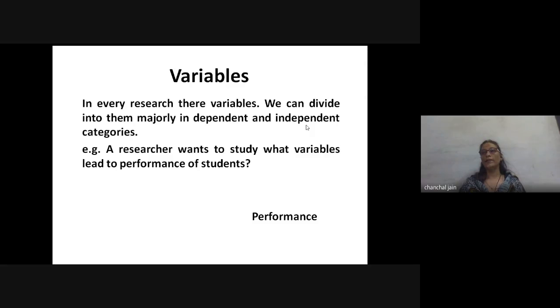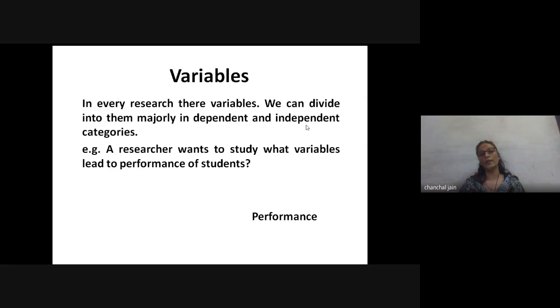I think we have all studied an equation in maths, that is y equals f of x. Y is a function of x. In this equation, y is the dependent variable and x is the independent variable. Why are we saying y is dependent and x is independent? Because x can take any value, but the value of y will always depend on the value of x.